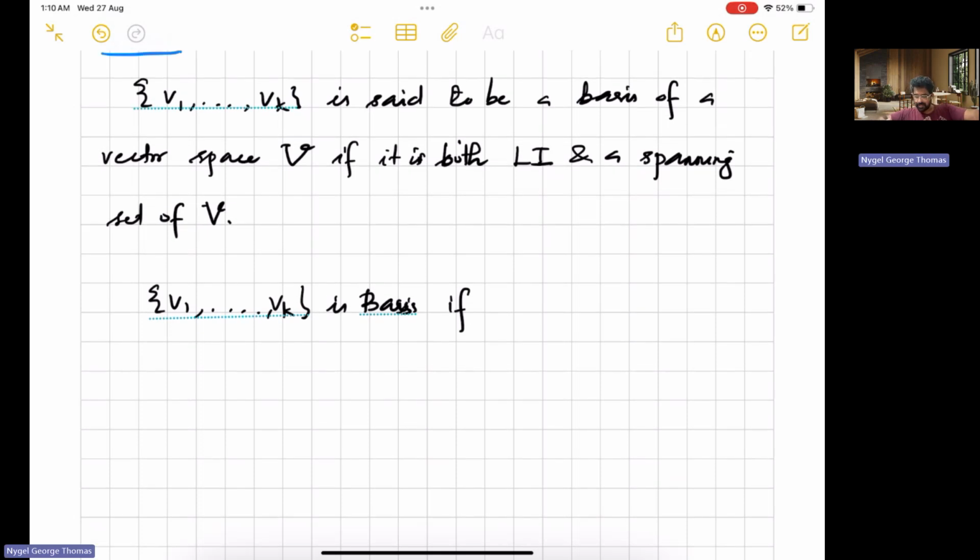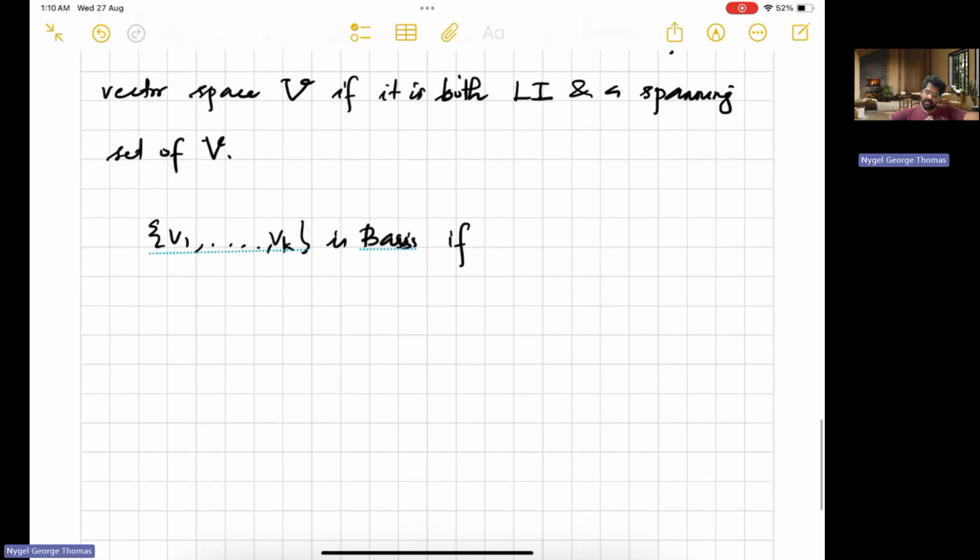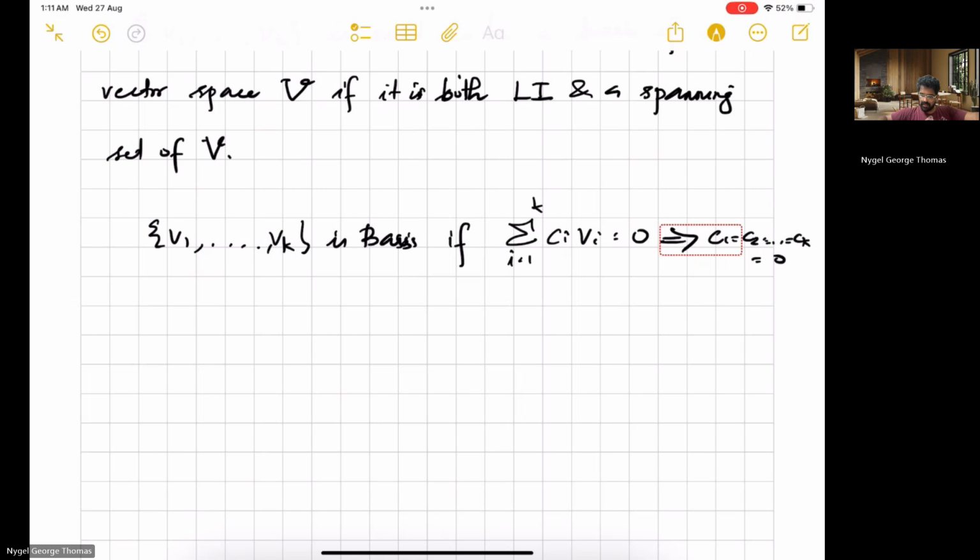How do we define it? First thing is they have to be linearly independent. What does that mean? Sigma i equal to 1 to k of ci vi equal to 0 implies c1 equals c2 equals ck equals 0.